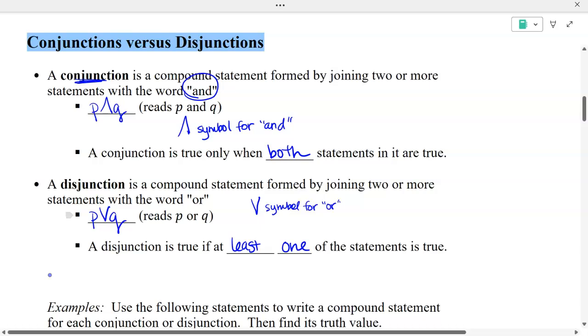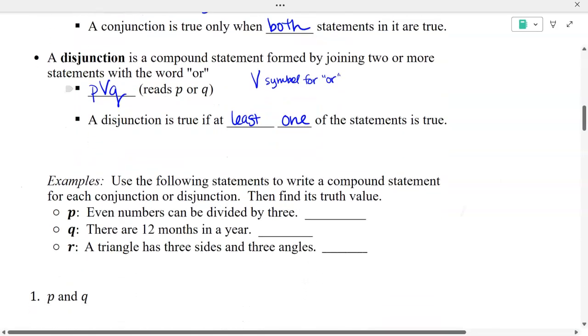So only one of these statements, either P or Q, has to be true for the whole disjunction to be true.